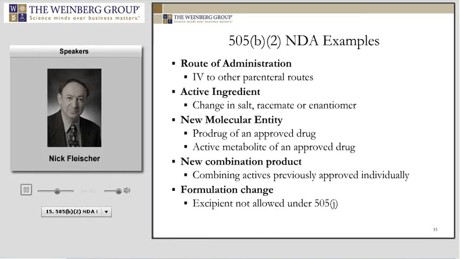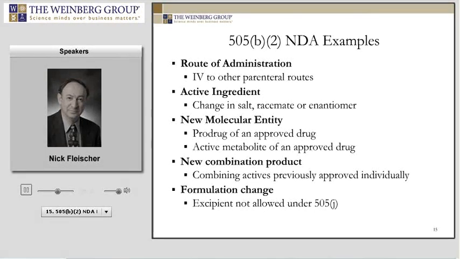Some other 505(b)(2) examples: an intravenous formulation to some other parenteral routes, intramuscular, subcutaneous, so that could be done as a 505(b)(2). As I was mentioning earlier about a 505(b)(1) application, certainly this could be done if the innovator product was a 505(b)(1) and was intravenous and they wanted to change their product, whereas potentially it could go through as a supplement to the NDA.